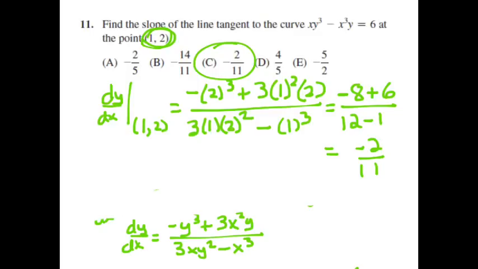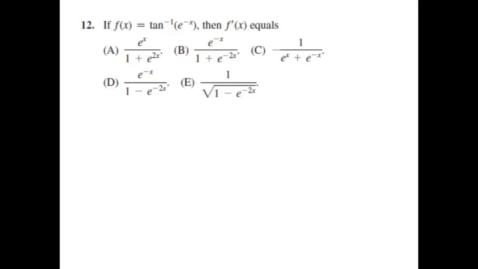All right, let's do one more question. Question number 12. If f of x equals inverse tangent of e to the negative x, then what does f prime equal? So we're looking for a derivative here. And I see that I have inverse tangent, not just of x, but of something.